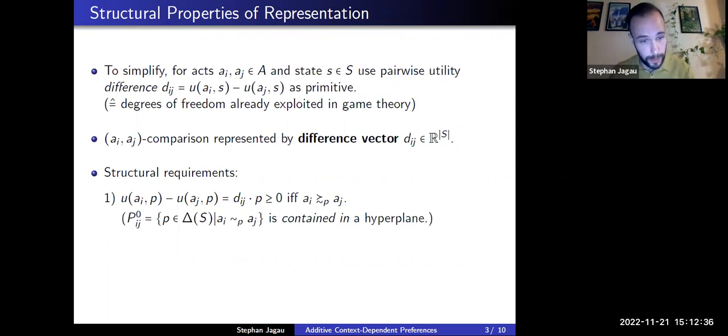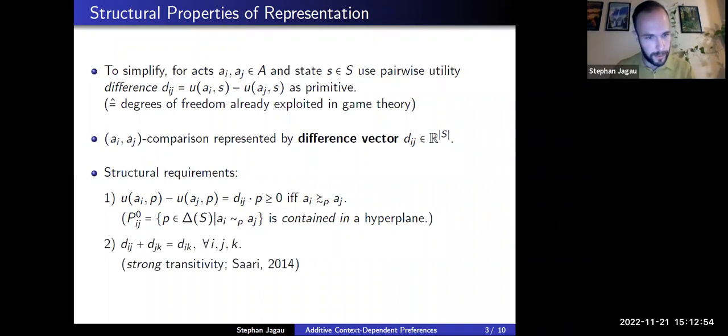What does that mean geometrically? Well, if I look at the indifference set, this vector is going to be normal to this indifference set. So this indifference set is either a hyperplane or it's going to be contained in a hyperplane. So far, so good. And that's something we already knew.